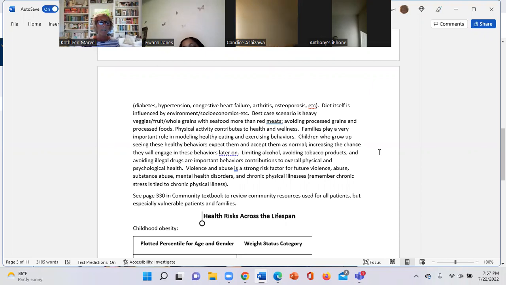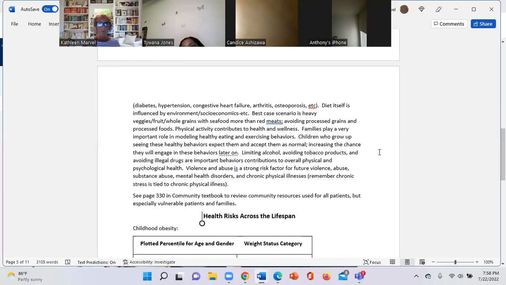So kids growing up seeing these kinds of behaviors will hopefully engage in them as they get older. And then the other behavioral issues, limiting alcohol, trying to avoid tobacco, avoiding illegal drugs, right? And all that contributes to more positive health if you're not doing that.